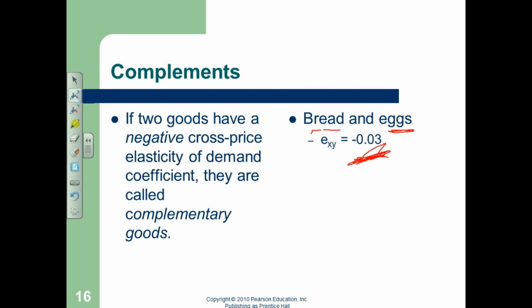Actually, the value is very small, very close to zero. I mean, it's negative, but it is a very small negative number. So I really think that since the magnitude is small, the elasticity is small, they are probably not related to each other. But the book likes to call them complementary goods. Couldn't find a better example.